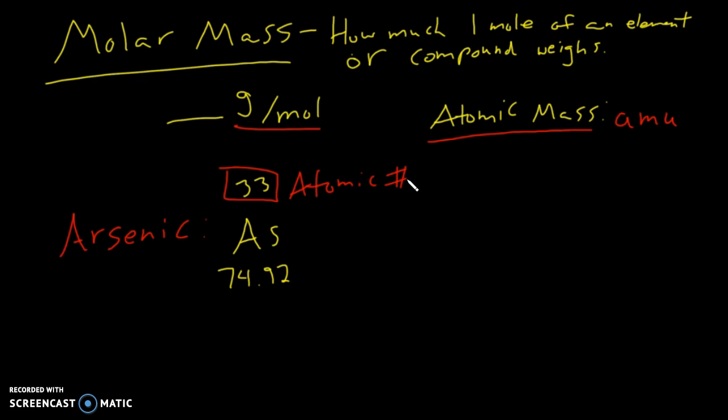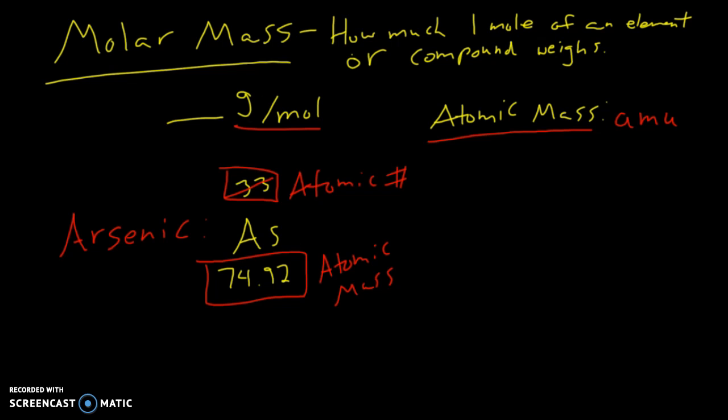Now, if you remember, the atomic number tells you how many protons there are inside of an arsenic atom, which is not what we're trying to use here. So you're not going to look at that 33. This number down here, the 74.92, that is the atomic mass, or how much one atom of arsenic weighs.